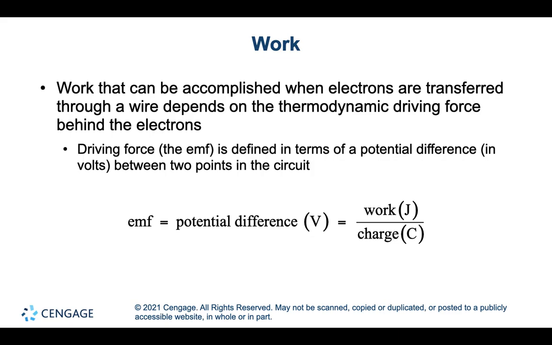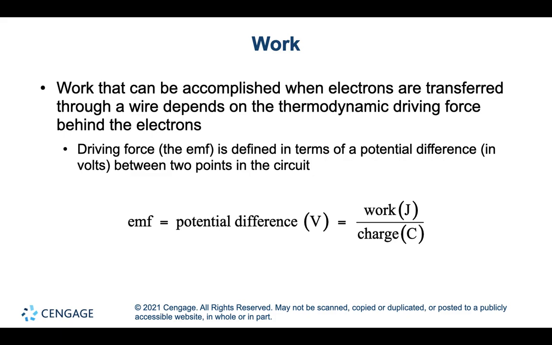So a little bit of physics here. Work is accomplished because the electrons going through the wire have a thermodynamic driving force. The electrons are able to make things move. The electrons are capable of doing work. They have a thermodynamic tendency, and that tendency can be harnessed to do work.